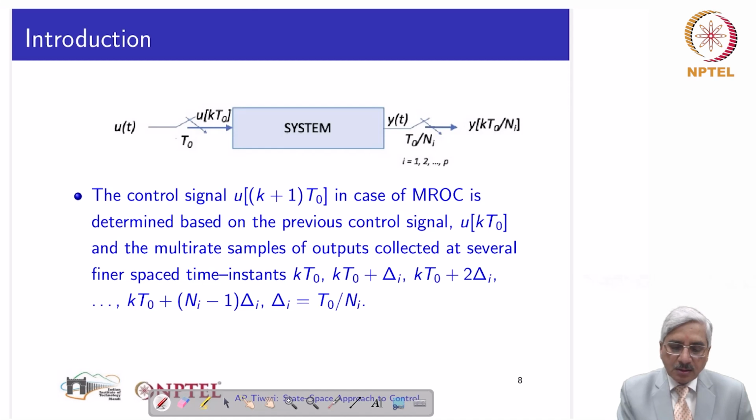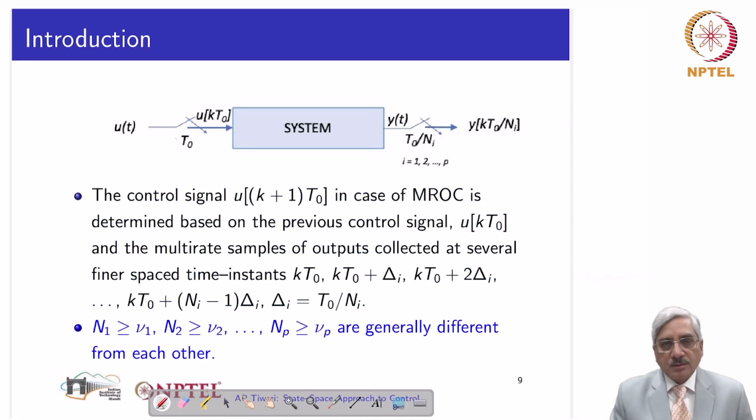One component is the previous value of the control signal itself, u(kT0), and the other component is dependent on the samples which were collected in just the preceding sampling interval: some gain times the values of outputs at those finer intervals collected during one input sampling interval. And this kind of a controller is, of course, a dynamic controller.